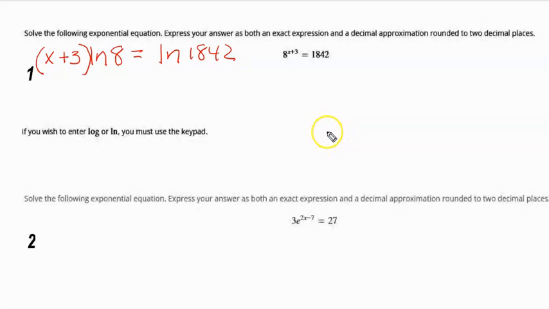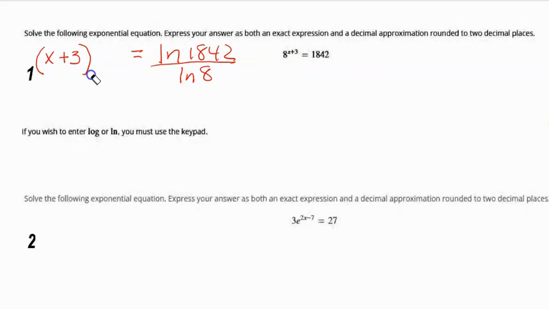And again, what we're going to do is get rid of this, use a little algebra, divide this by natural log of 8, divide this side by natural log of 8. So now this is gone. I'll just use my eraser here.